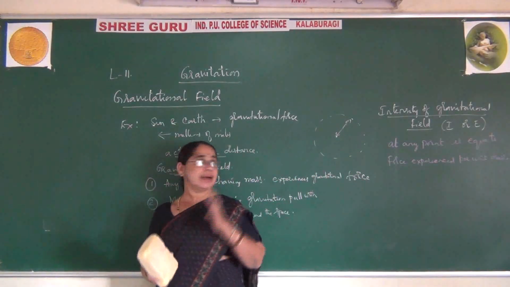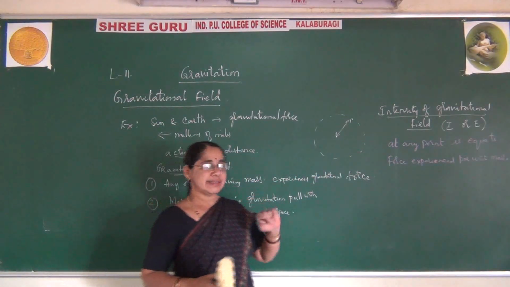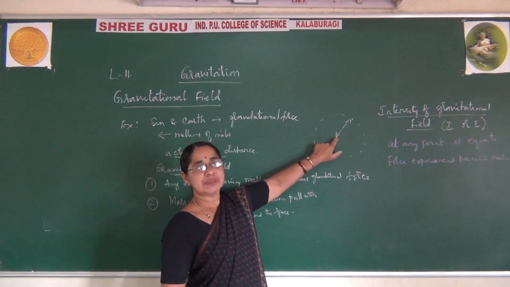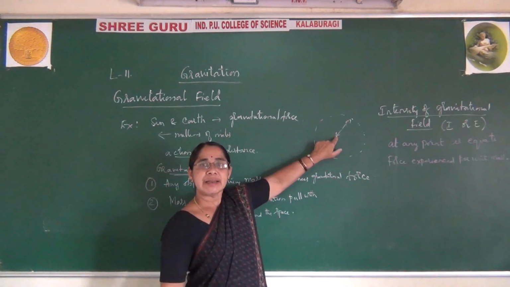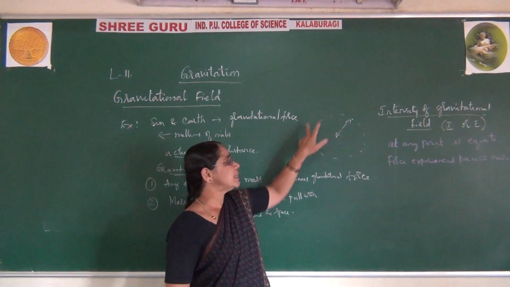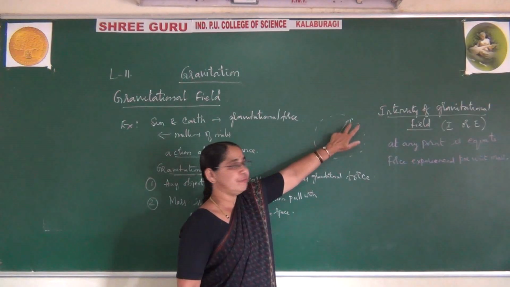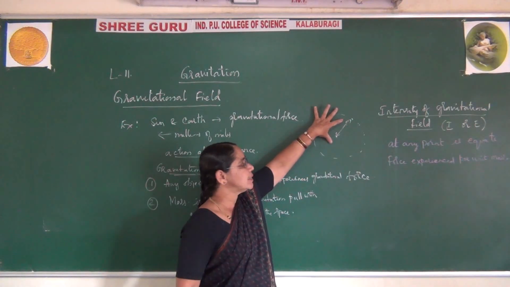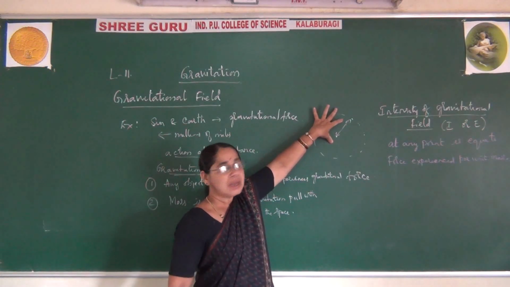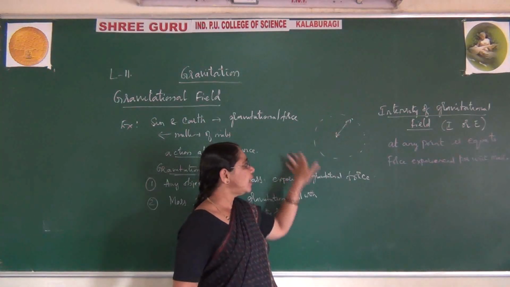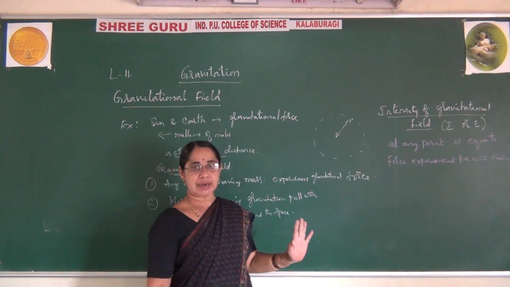Remember, I said there is a field. When I say field, it means we already have an object with mass, and that mass has a sphere of influence. If another body is in that field, a gravitational pull always arises between them, due to which a gravitational force arises, and that field is called the gravitational field.